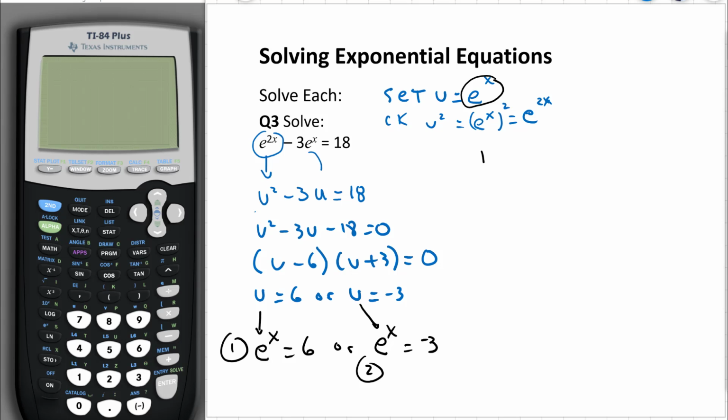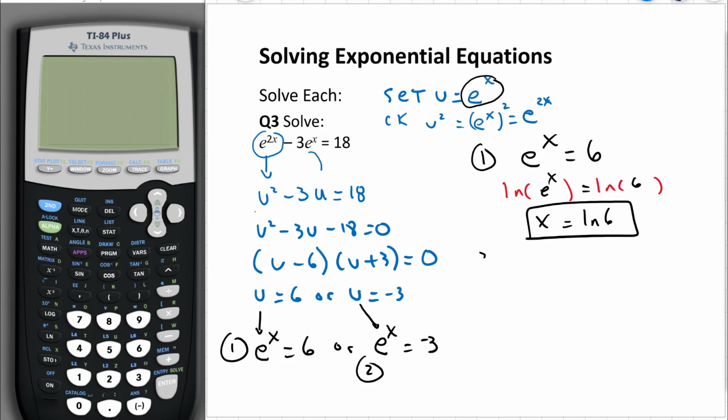So I'm going to solve both of those over here. Number 1, e to the x equals 6. And that's easy to solve because I can do a natural log on both sides. And so I get x equals ln of 6.